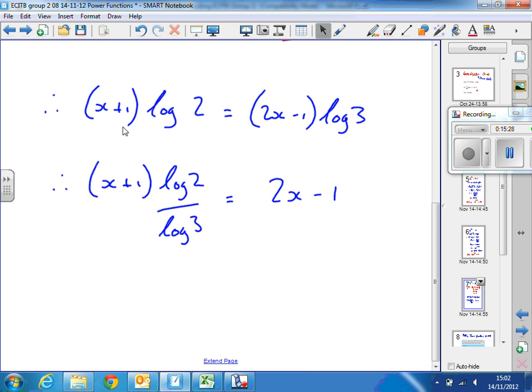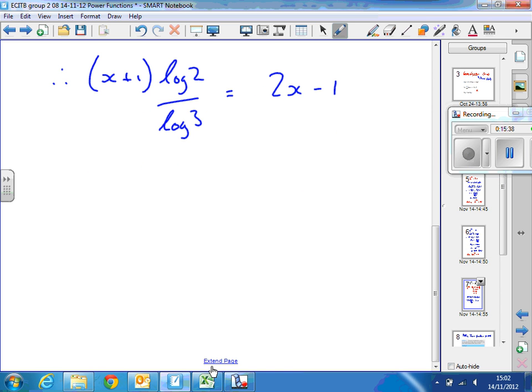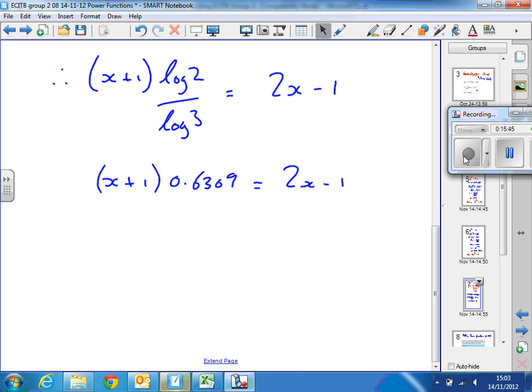So now calculate log 2 over log 3 to say 4 or 5 significant figures, because these are powers, so hold on to the accuracy. So x plus 1 times 0.6309 equals 2x minus 1.